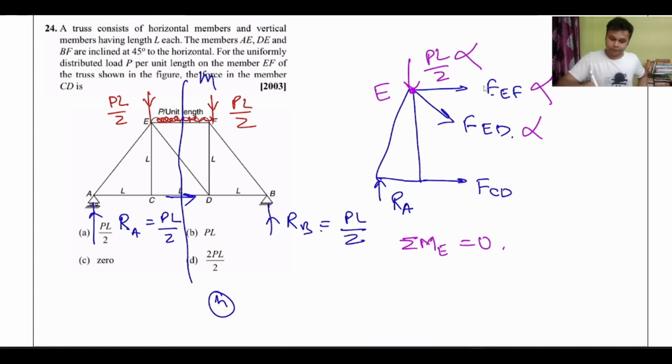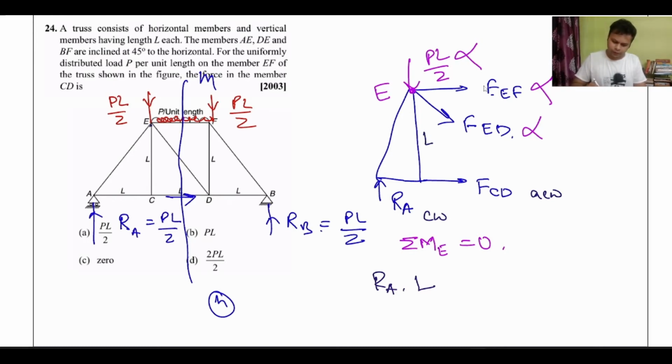How can I write the equation now? This is the clockwise moment about point E, and this is the anti-clockwise moment about point E. So I can write the equation as RA into the perpendicular distance, which is L. Can't you see this?